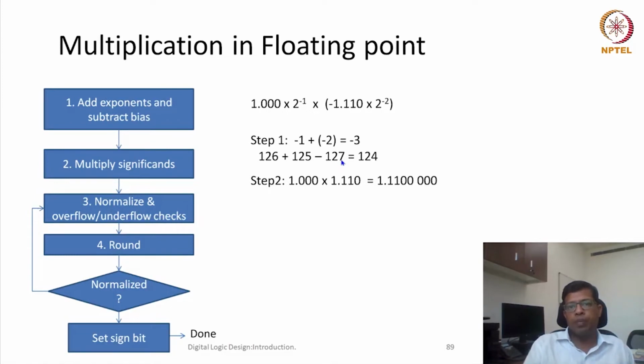Then after that, the multiplication part. First we have created the significand, 1.000 into 1.110. Then these two would be multiplied. Now I have directly written the multiplication result, but the way this can be multiplied is, we can remove this decimal point and treat both of them as 4-digit numbers and then simply multiply.